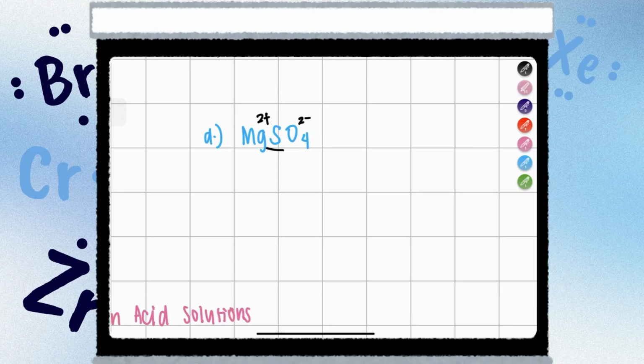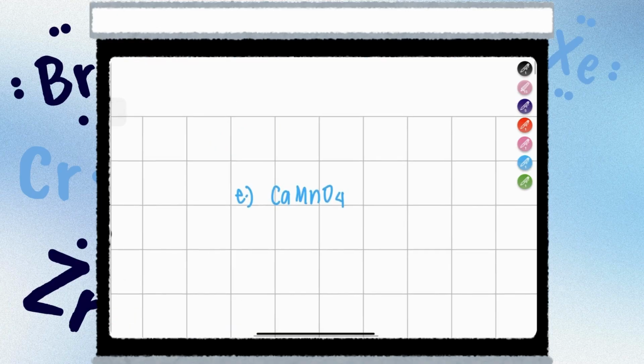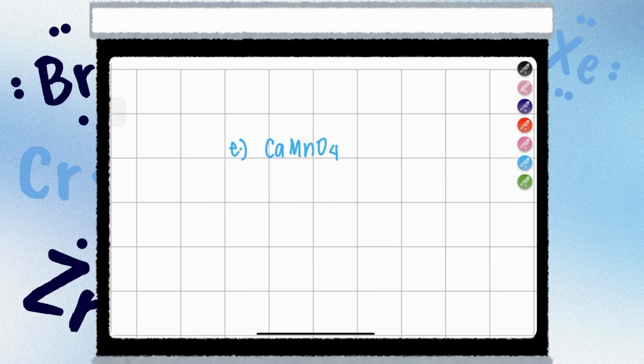So let's multiply positive 2 times 1 is 2, plus x, or the unknown, minus negative 2 times 4 is negative 8, equals 0. So now our x will equal to positive 6, since 2 plus 6 is 8, minus 8 is 0. So for our last example, we have CaMnO4.